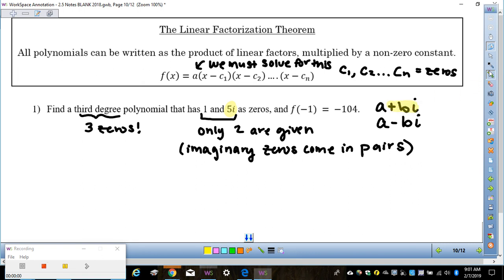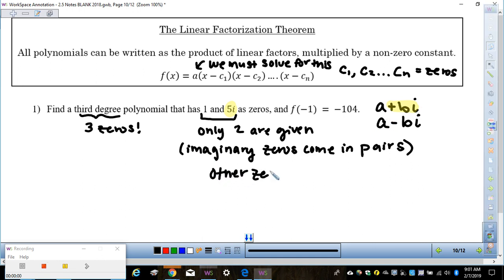It's sort of like a is 0 in this case. We would call 5i a pure imaginary number compared to something like 2 plus 5i or 3 minus 5i, where a is something else. So we have this part. So the other zero would have to be negative 5i.